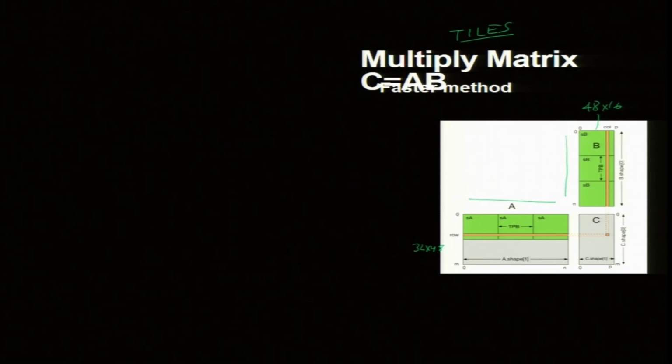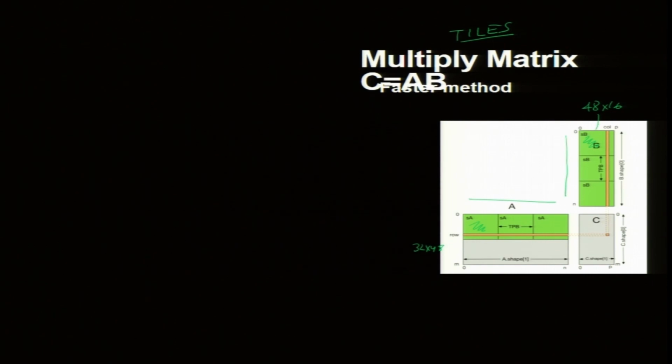So, you can see this yellow strip is being multiplied. In the previous example, we just took one block and multiplied, and that did the work when all of them are the same size.